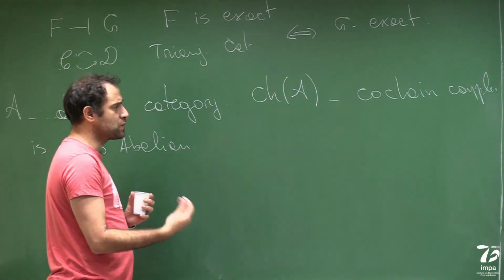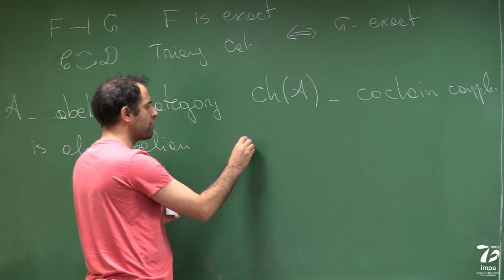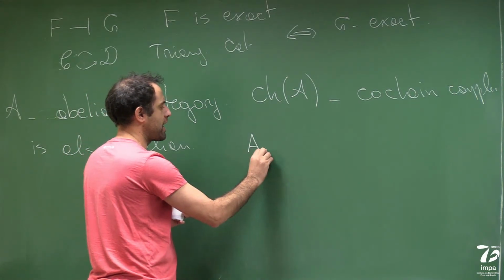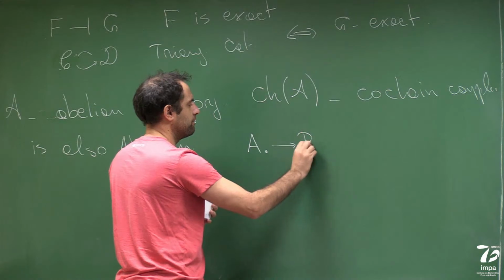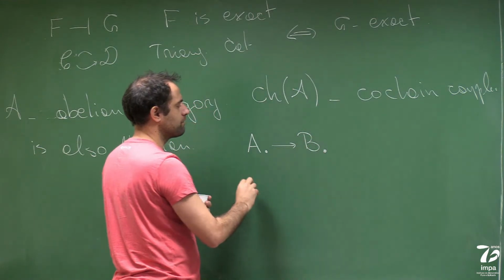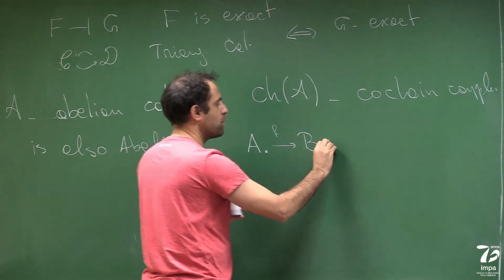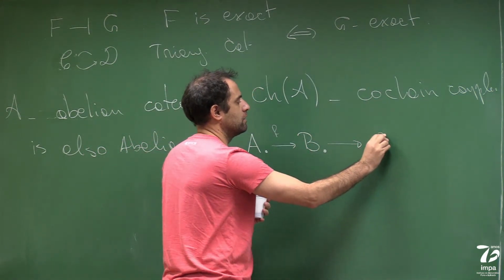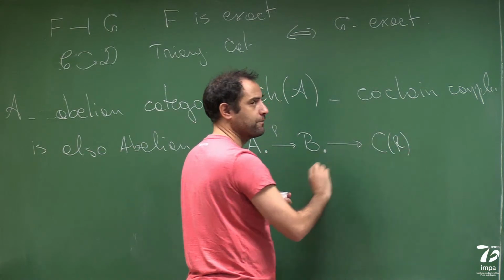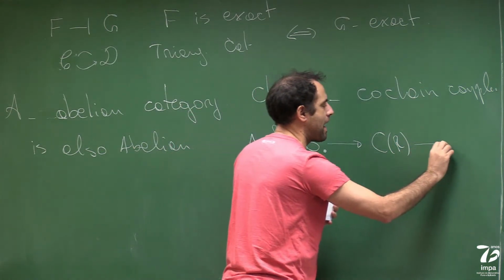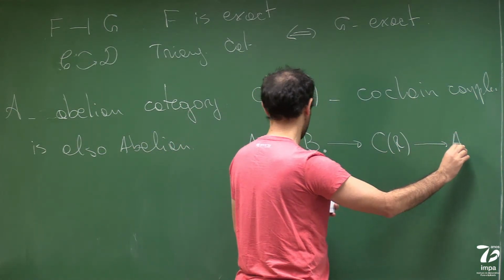And then in general, it's not triangulated, but the failure of being triangulated was minimal in the sense that we had a candidate. If we have a map of complexes F, then we can always extend this to the cone of F, and this came with a map to A shifted by 1.